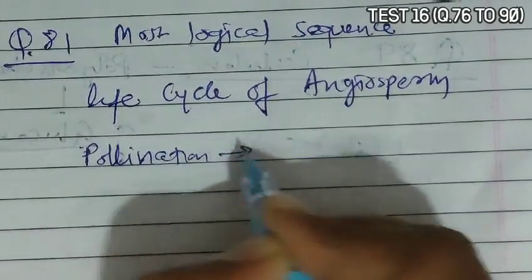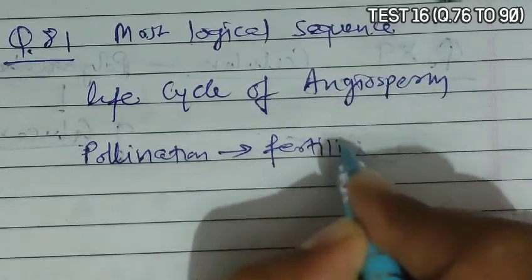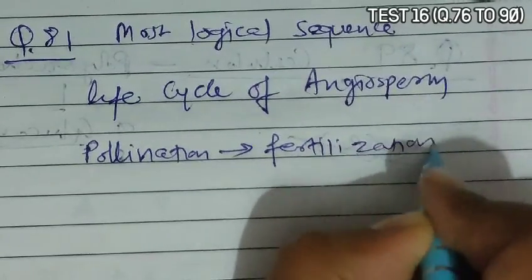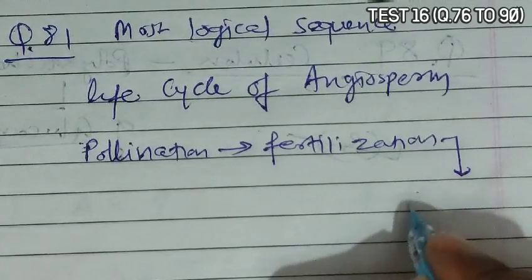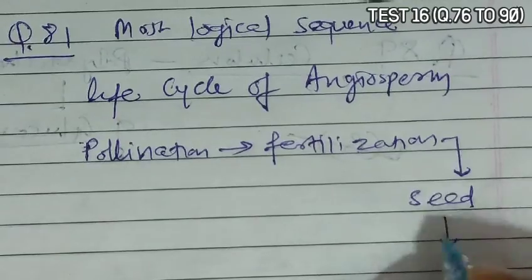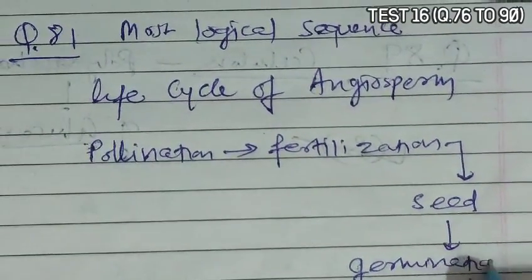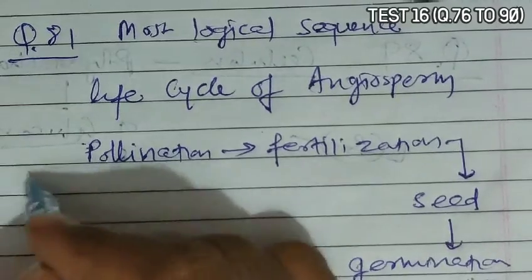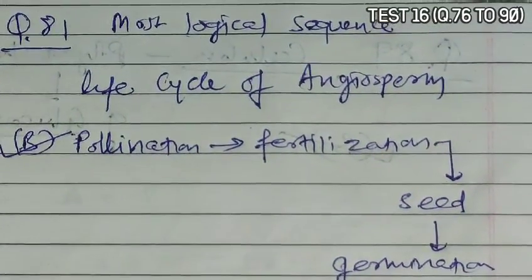When pollination occurs, the pollen tube develops, and then syngamy occurs, so it is known as fertilization. Then the zygote forms, and it forms an embryo. So you will find seed formation, and after seed there should be seed germination, and then a new plant will be formed. So it is a correct sequence. So B is the correct answer. It is a fact-based question, you should remember, and it is an easy question.